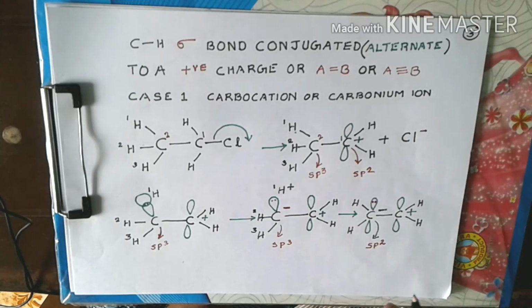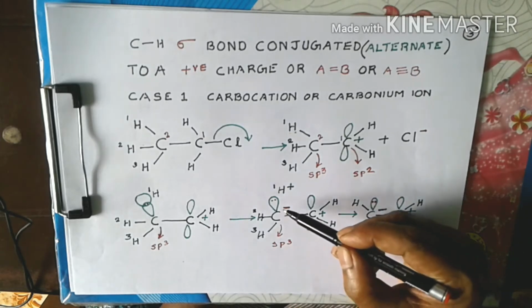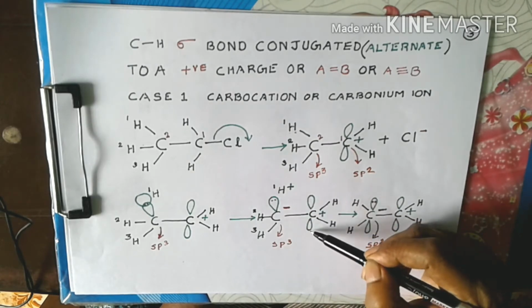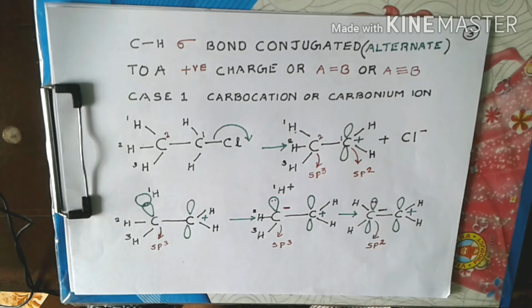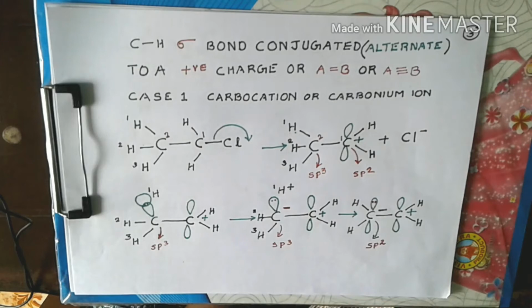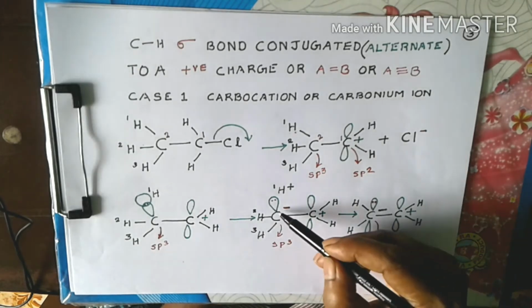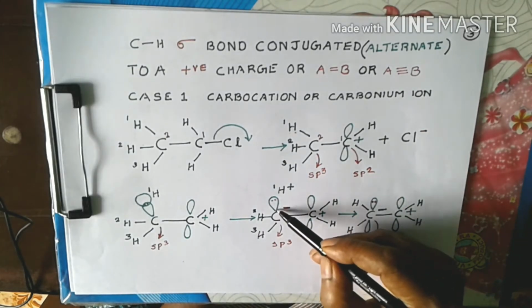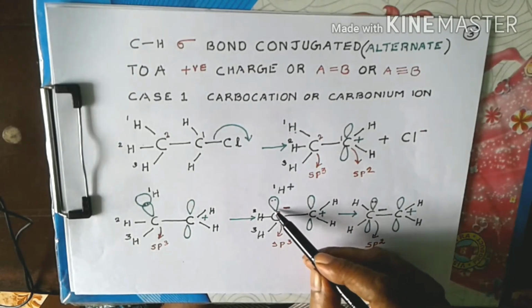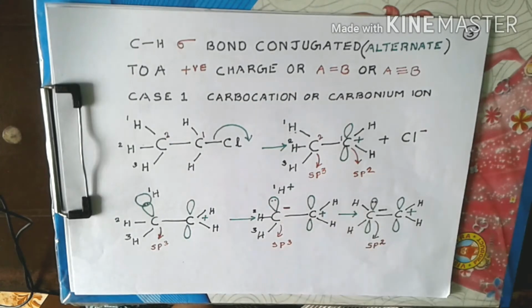Now the ion will rotate in such a manner that the lone pair orbital and the vacant p orbital over the positive carbon are in the same plane. The lone pair orbital is slightly away from this p orbital due to the tetrahedral nature of the negative carbon, which is sp3 hybridized.